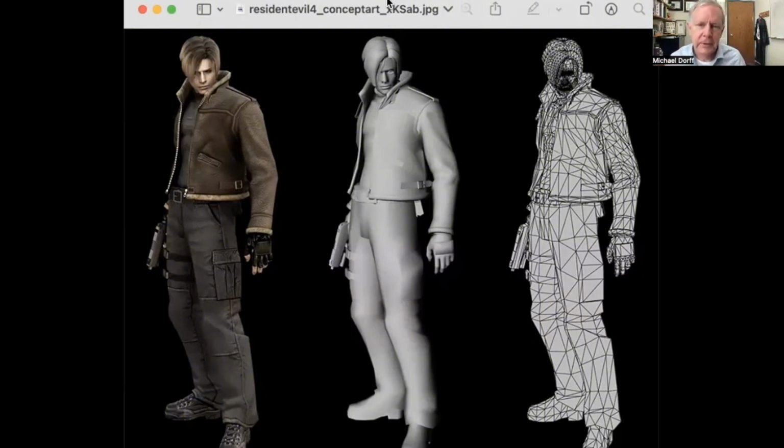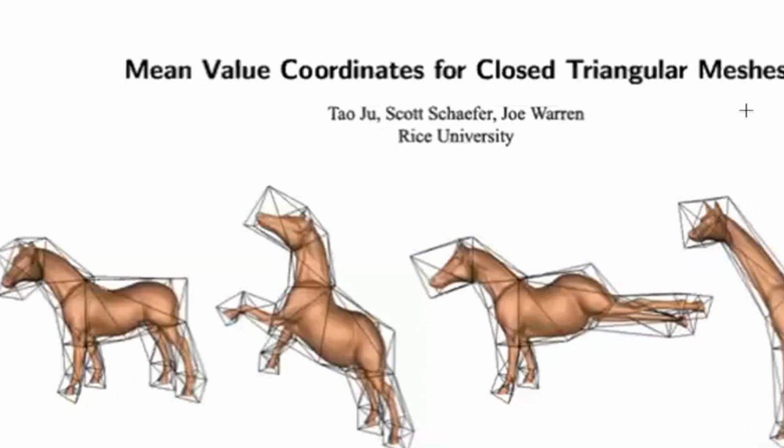Well, sometimes a character will have so many triangulation points on it that the calculations become really hard. So in CGI, they thought it might be useful to reduce the number of triangular points. One way you can do that is to put a mesh or a cage around the animated figure.